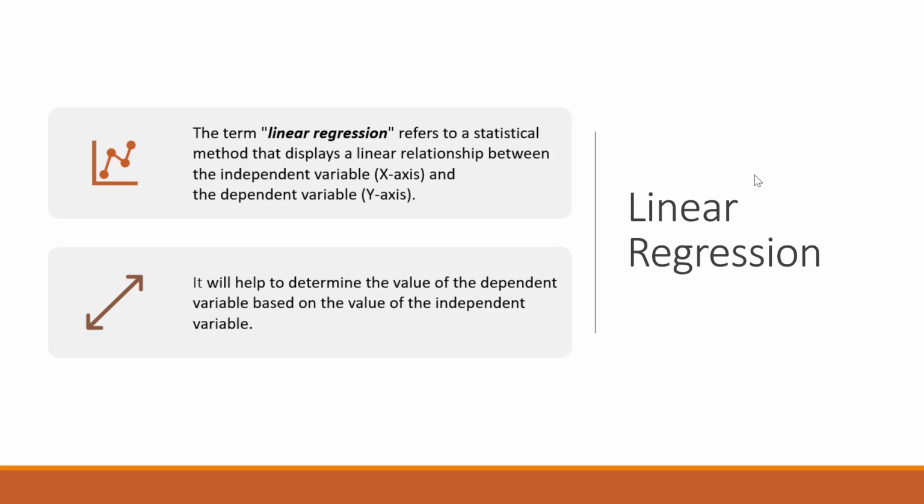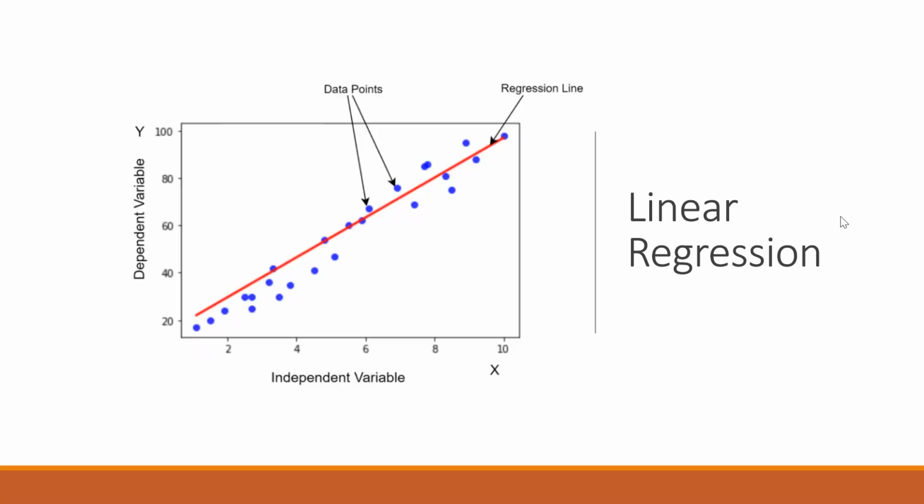Now the key role of linear regression is to show a linear relationship. So it will help to determine the value of the dependent variable based upon the value of the independent variable. Moreover, the linear regression model produces a sloping straight line to illustrate the correlation between both dependent and independent variables.